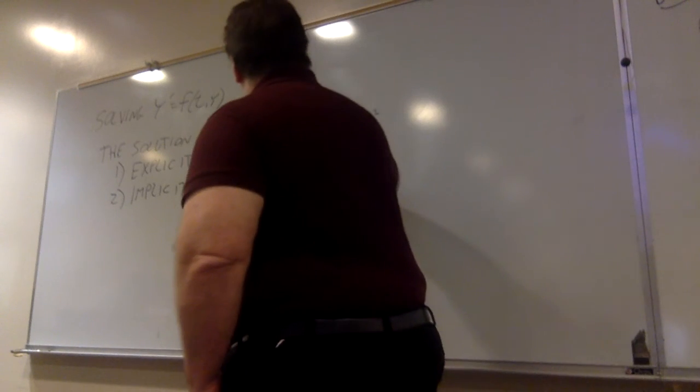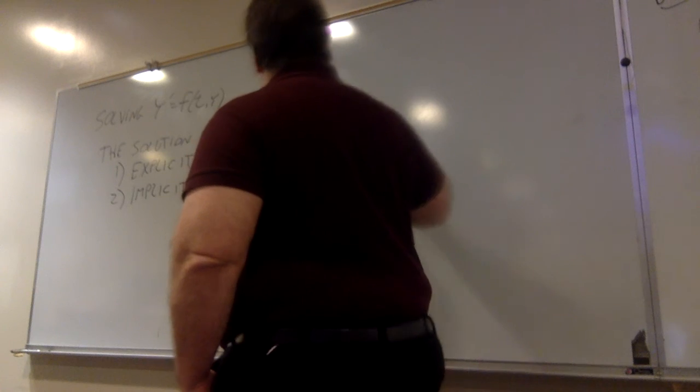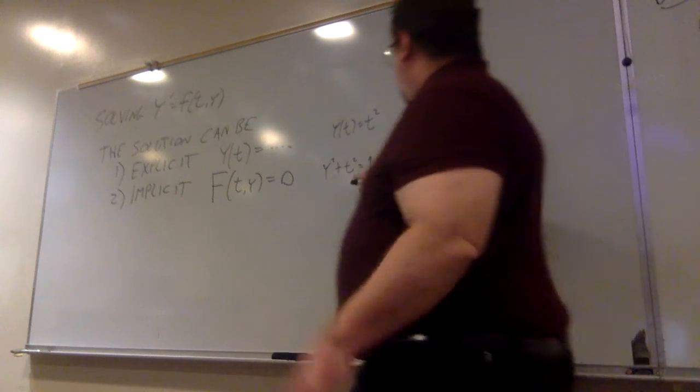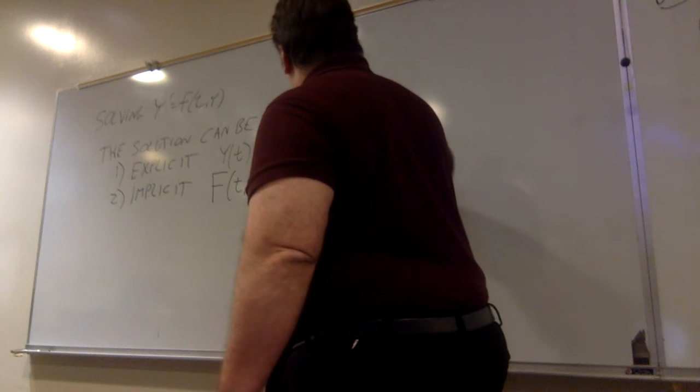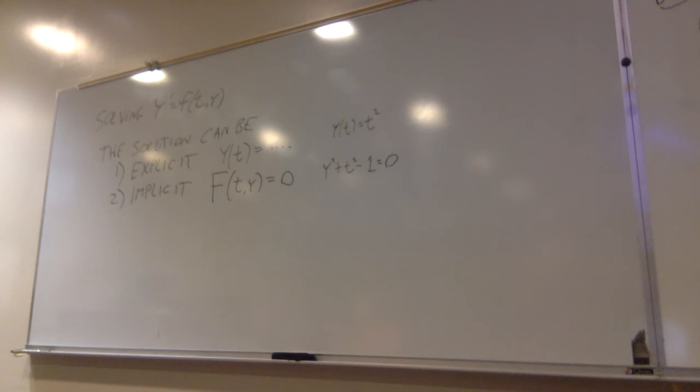Here we have y squared plus t squared is equal to 1. Or actually, I'll write it this way: y squared plus t squared minus 1 is equal to 0. Now, yes, in many cases like this one, you can take this equation, rearrange it, and isolate y.